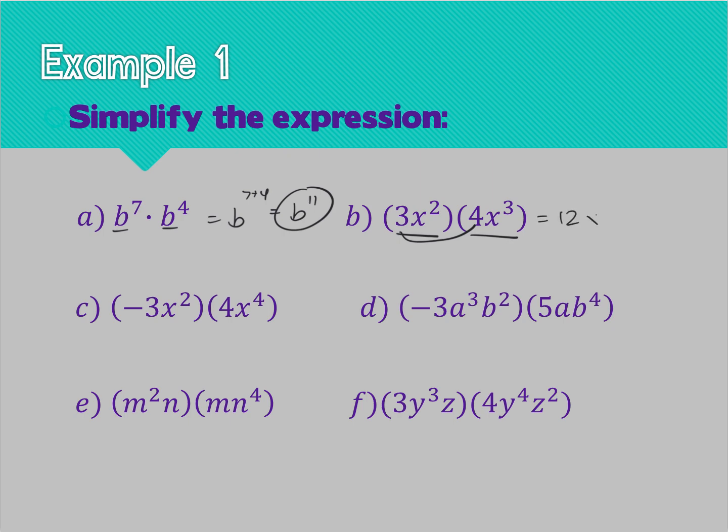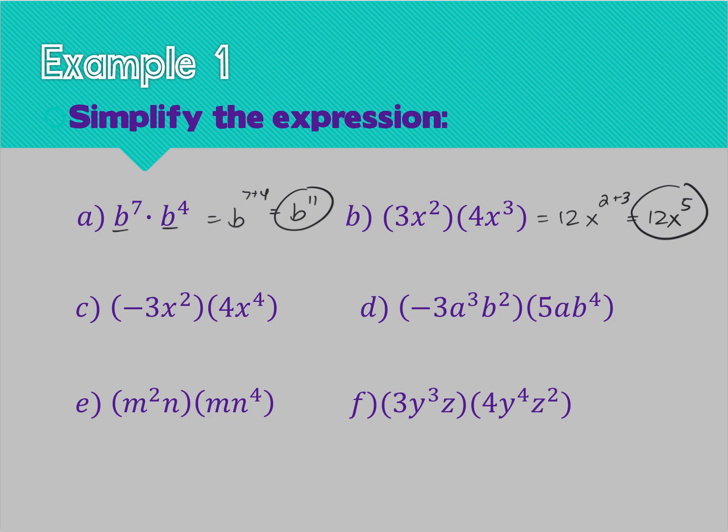Now, when it comes to the variables that have exponents attached to them, then I have to use the rule that I just used. Notice the base x is the same in both, so I'm going to add those exponents. So it's going to be x to the 5th power. So it throws a little bit of a curve in there when you have a number or a coefficient in front of the variable, but that's all you have to do.